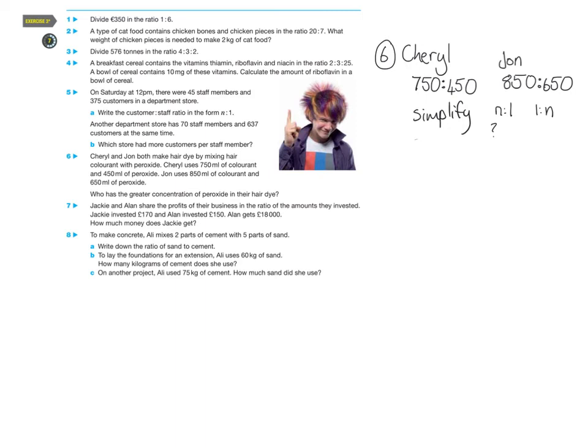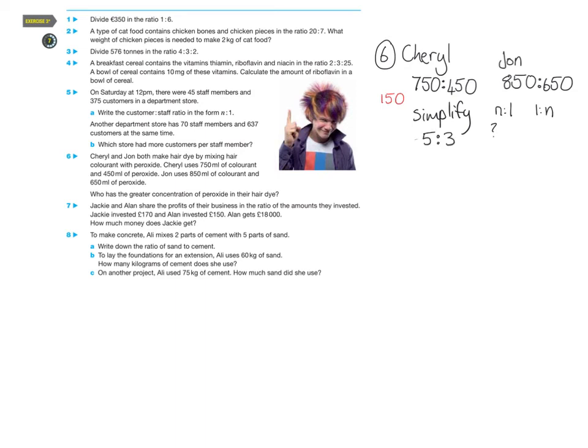I know that both 750 and 450 can be divided by, let's write it in red, 150. So if they're both divided by 150, we're going to have the ratio of 5 to 3.